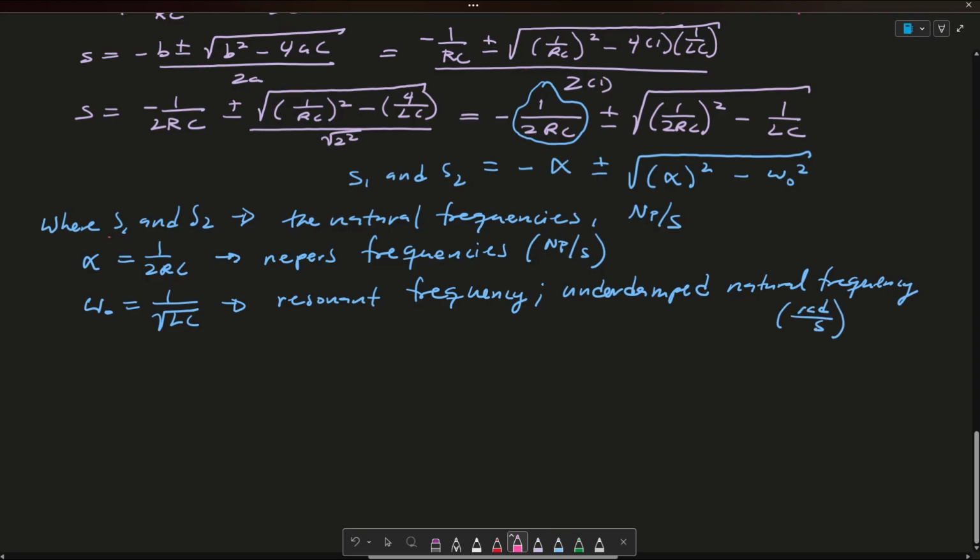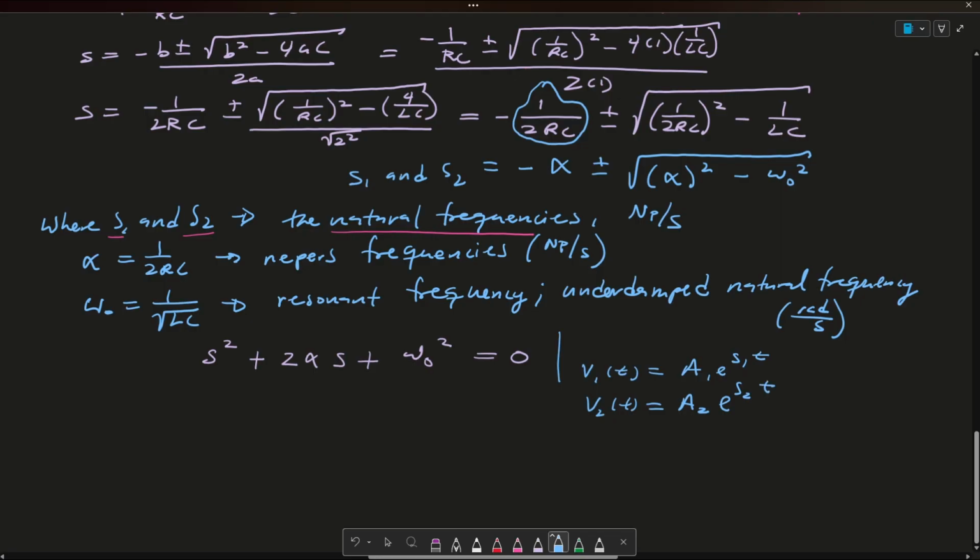So essentially, since S1 and S2 are the natural frequencies of my voltage V of t evolving over time, we can rewrite equation number 5 and say that this is S squared plus 2 alpha S plus omega naught squared is equated to 0. I hope this makes sense. With solutions, V1 of t equated to A1 e to the S1t, and V2 of t equated to A2 e to the S2t.